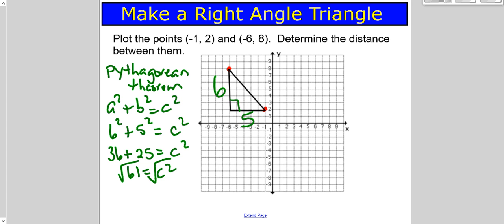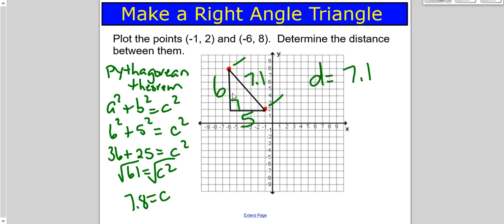And then I take the square root. And the square root of 61 is 7.8. So that means my distance between these 2 points must equal 7.8.